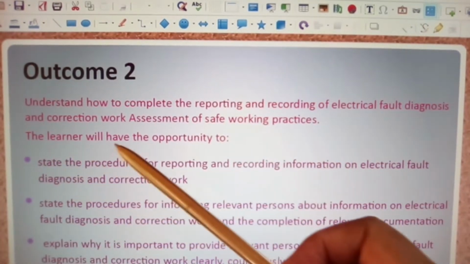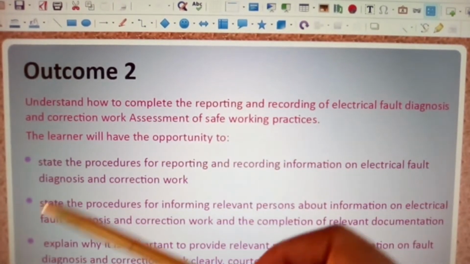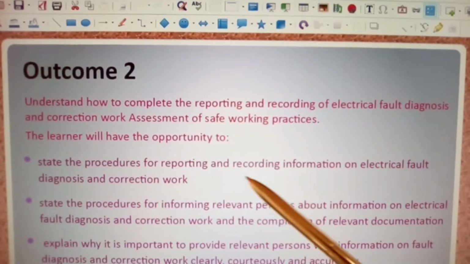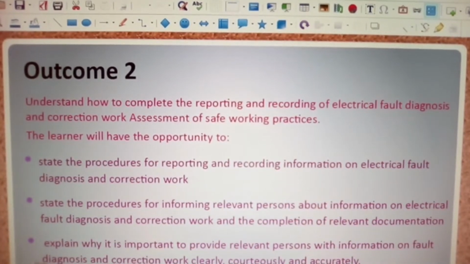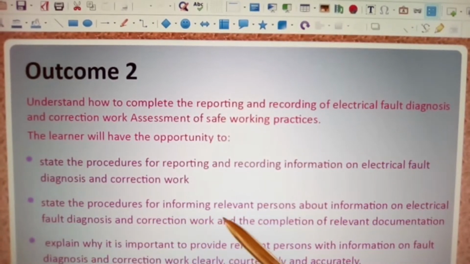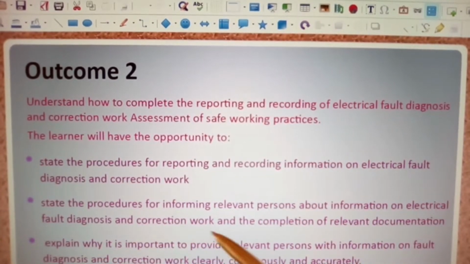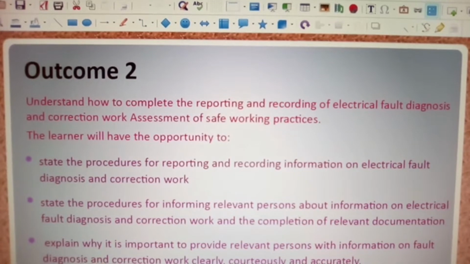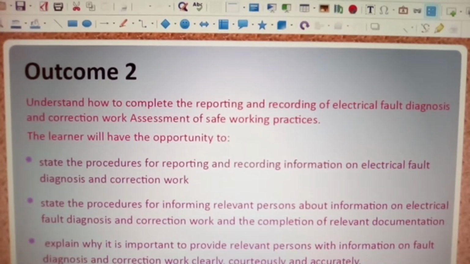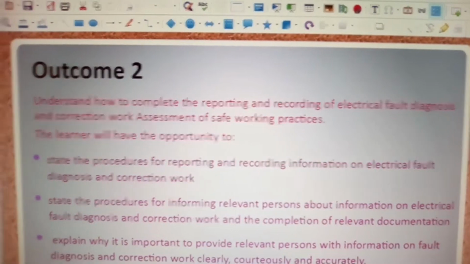The learner will have the opportunity to state the procedures for reporting and recording information, etc. State the procedures for informing relevant persons about information on electrical fault diagnosis, etc. Explain why it is important to provide relevant persons with information, etc.